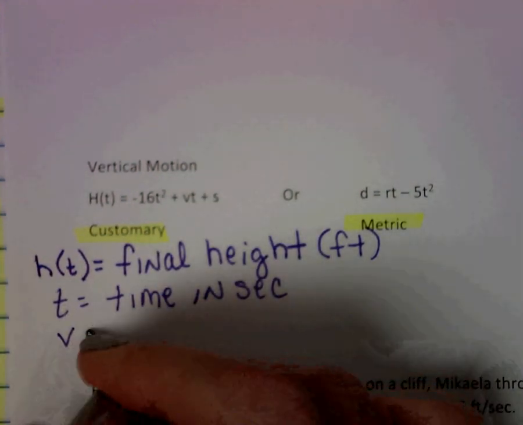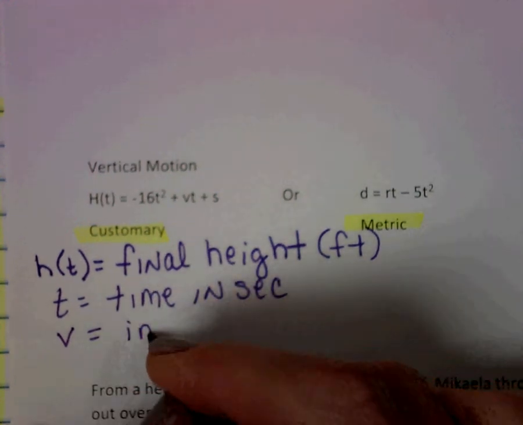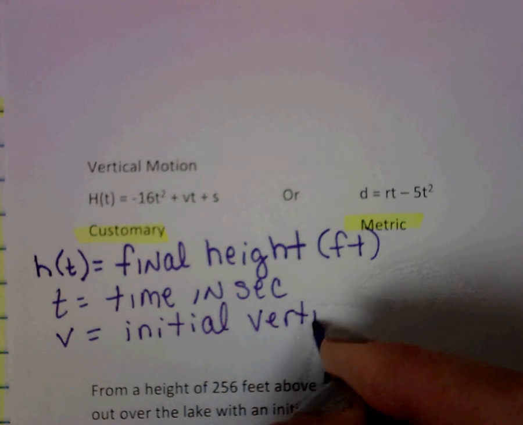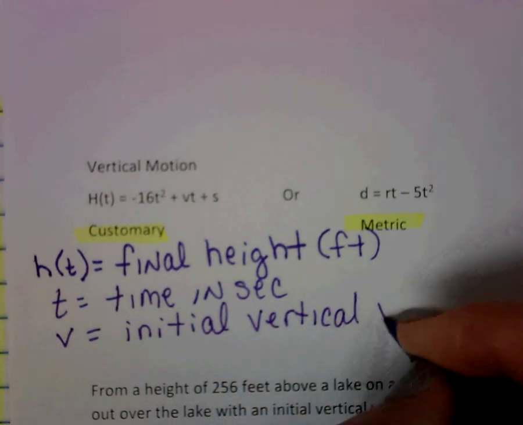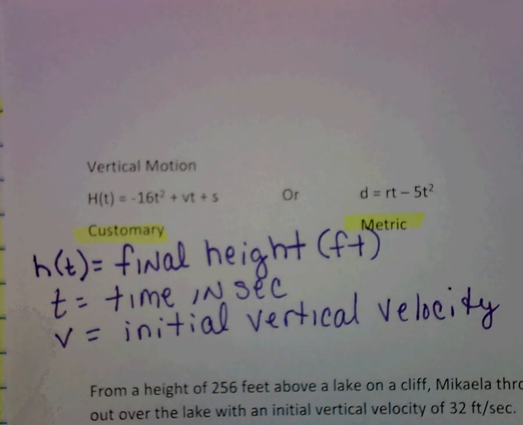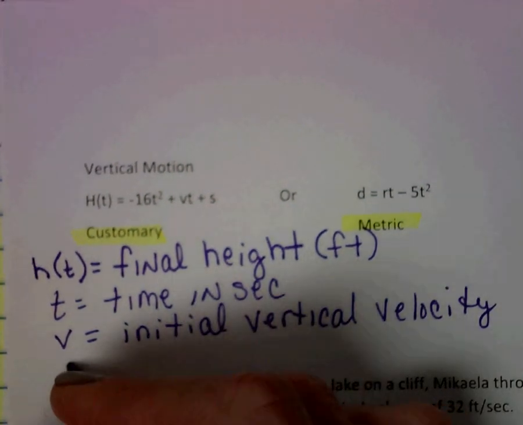The v stands for the initial vertical velocity. So think about if you're throwing a baseball. It's that initial force or velocity behind throwing the baseball. When you bring your arm back, it's the force behind the throw. And then we have s.